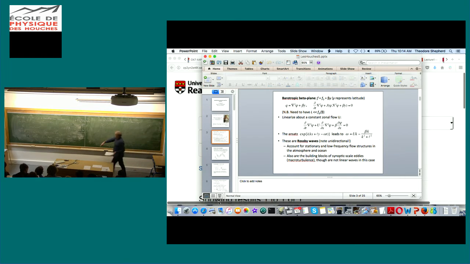I'll use this symbol for that. It's like my previous J, where J is minus, an operator, Jacobian acting on this.